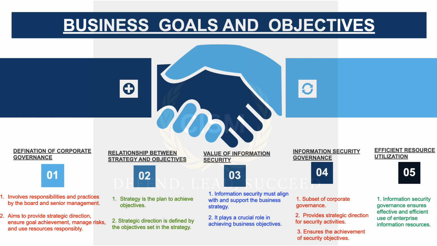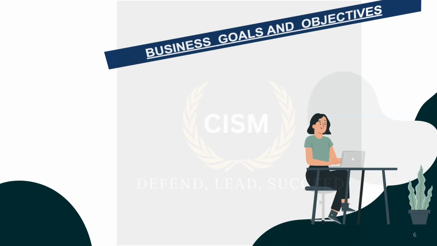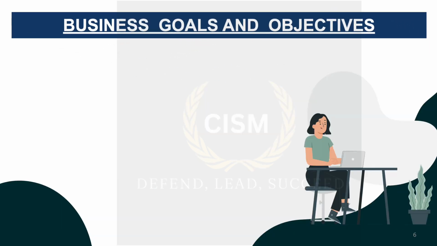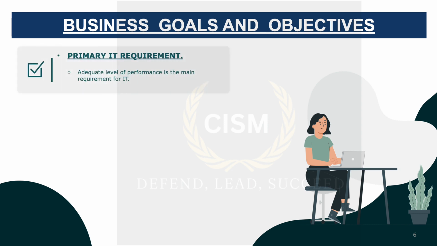Moving to the next, we'll discuss further business goals and objectives. Under business goals and objectives, the first point is about the primary IT requirement, which states that an adequate level of performance is the main requirement of IT. Friends, the primary requirement for information technology is to deliver an adequate level of performance.